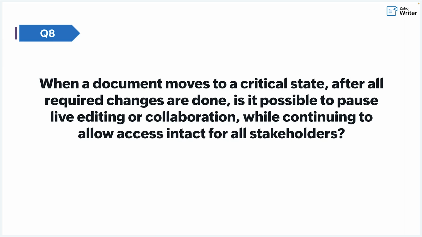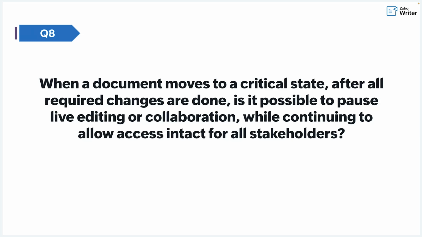Yes, very much. This capability plays a very important role when someone needs focused control over the document. Let's say you're reviewing a legal agreement or making final adjustments to pricing or clauses. At that point, you may not want multiple collaborators editing the document simultaneously because even a small unintended edit can disrupt your entire workflow.